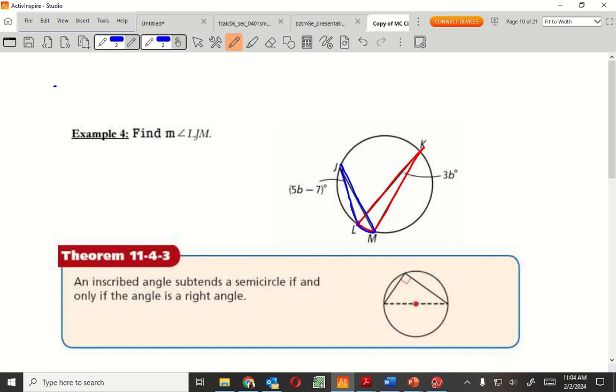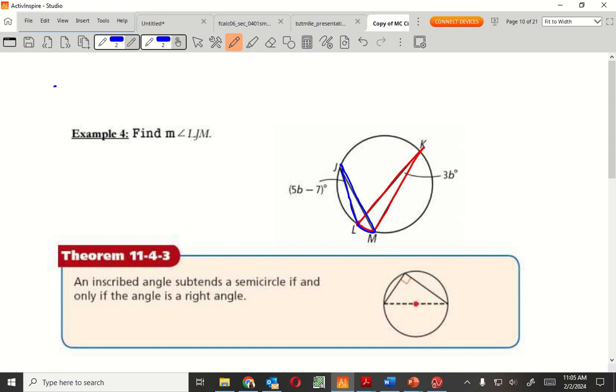So, do they both have the same arc that they're inscribed from? Yes, they're both inscribed from the same thing. Since they're both inscribed from the same thing, both inscribed angles need to be congruent. That's what was said up there a minute ago. It was the corollary of that: if they have the same inscribed arc, the inscribed angles are going to be the same.